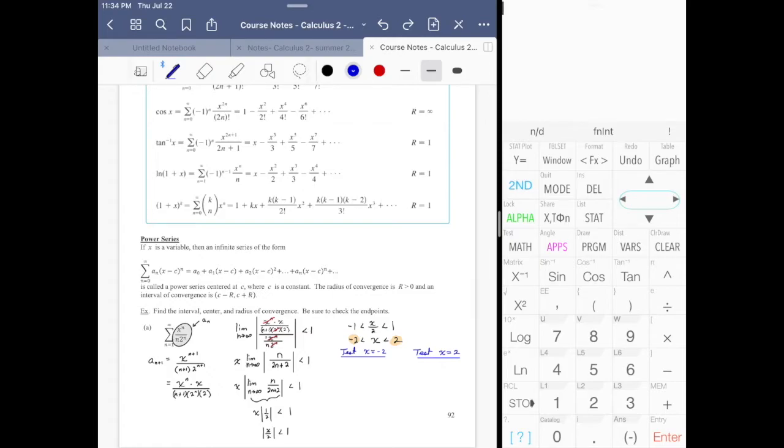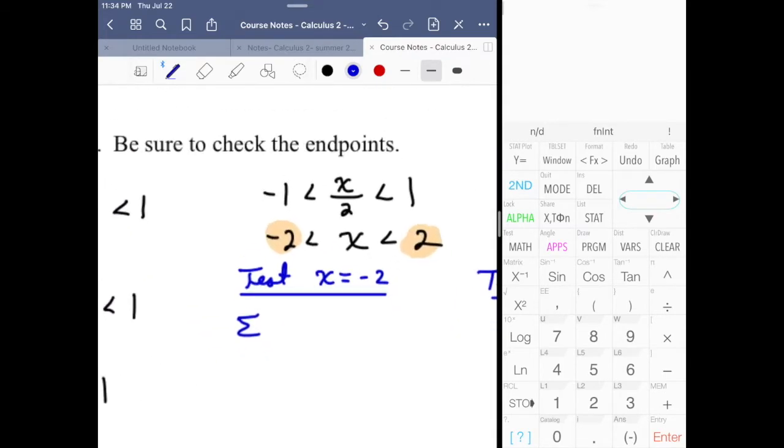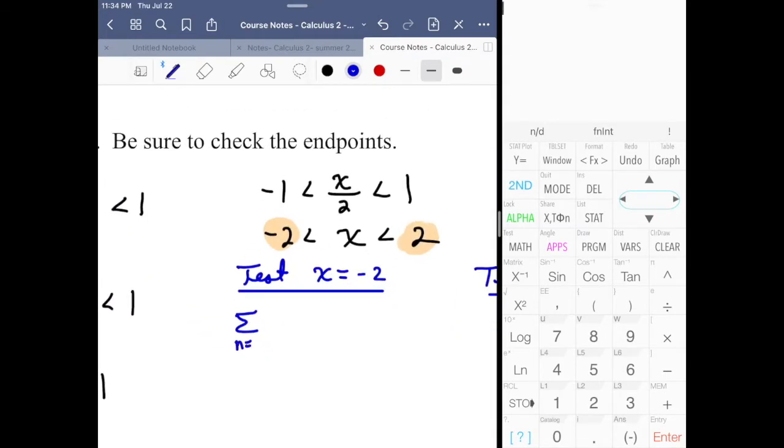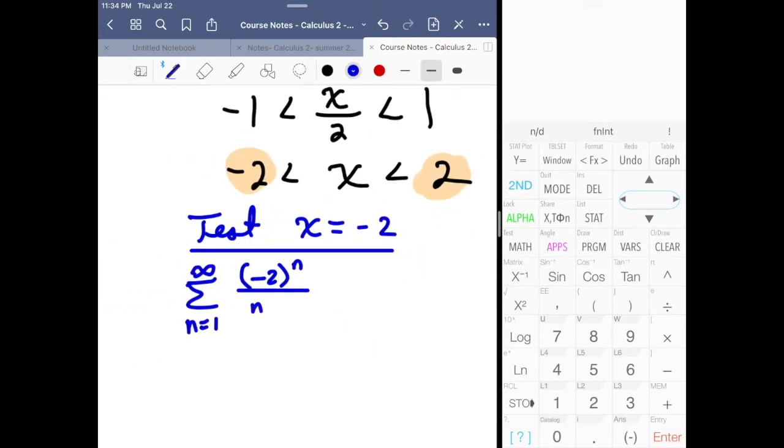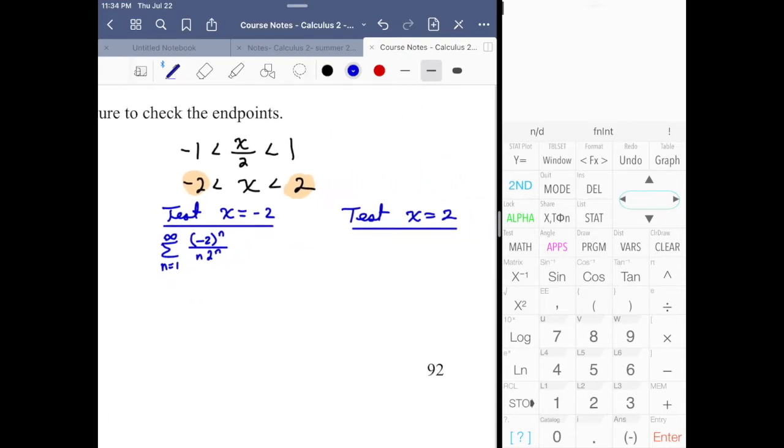But regardless, what I'm going to do is go back to my original series, and replace the x with a -2 and then with a +2. So the sum from n equals 1 to infinity, instead of x to the nth, it's -2 to the nth. And again, it's n times 2 to the nth.